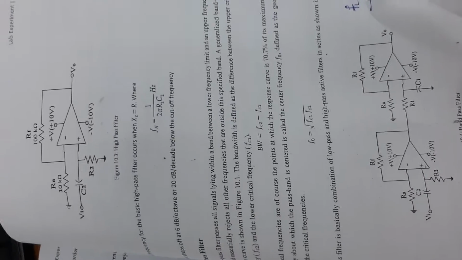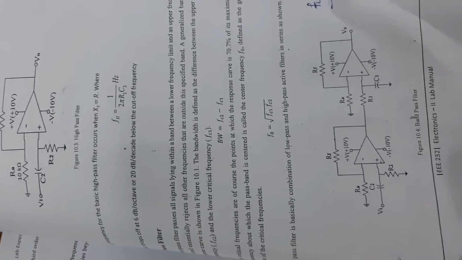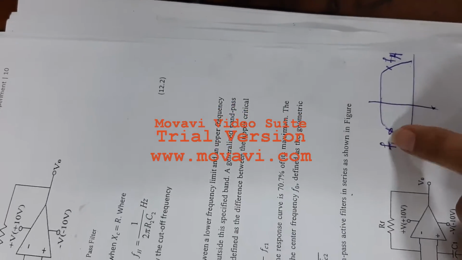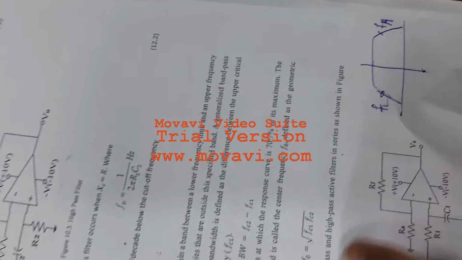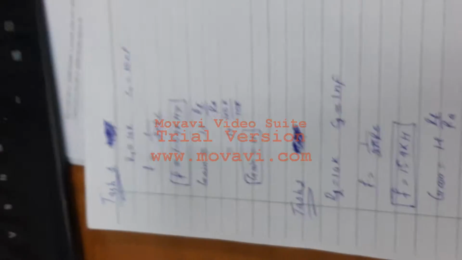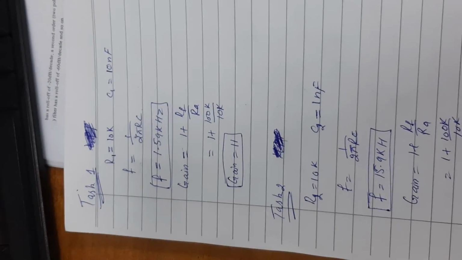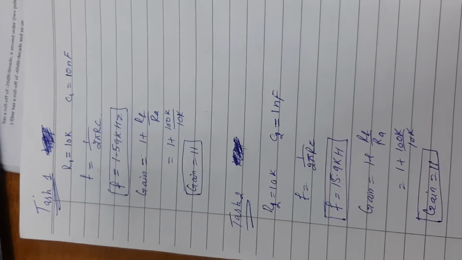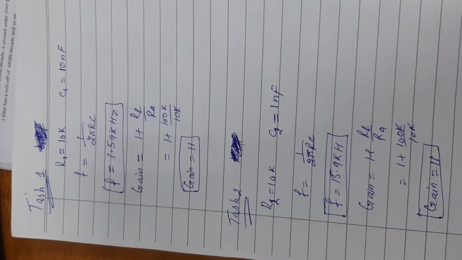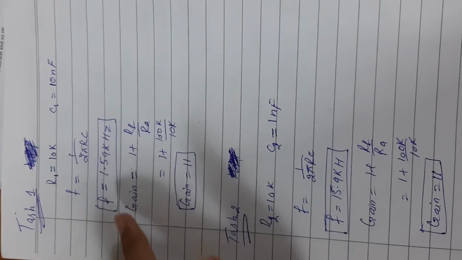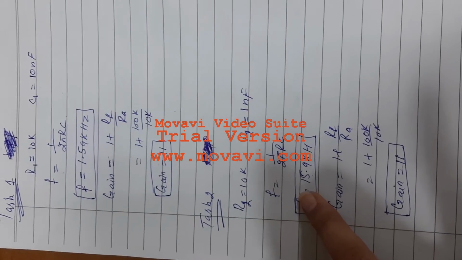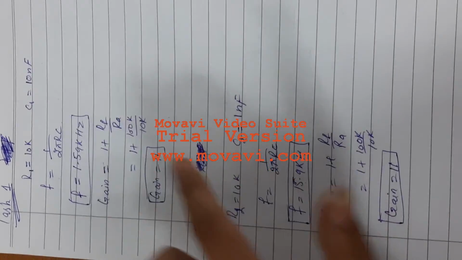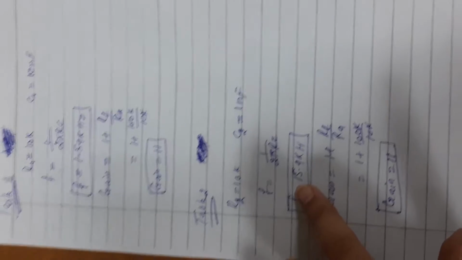As there are two filters in this band pass filter, it will also have two frequencies, that is a lower cutoff frequency and a higher cutoff frequency, and the difference of these two frequencies gives you its bandwidth. Now I will design this filter for two frequencies, the first low frequency of 1 kilohertz and the second of 15 kilohertz, and the difference of the two frequencies will give me its bandwidth.